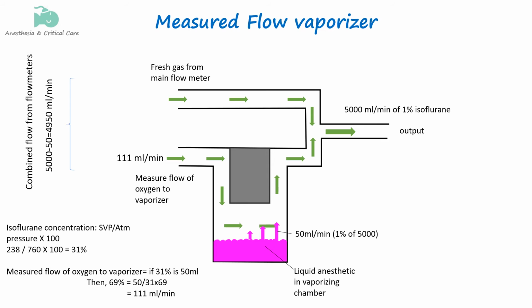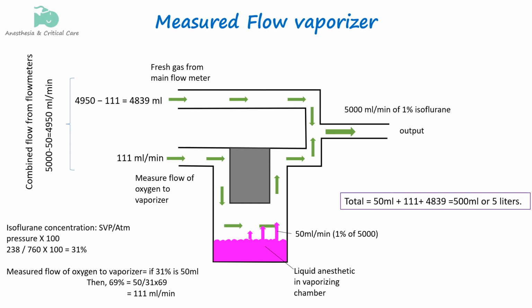The rest, 69% of this, or 111 milliliters per minute, is the measured flow of carrier gas or oxygen that must flow to the vaporizing chamber. This flow must be deducted from the total flow of 4,950 milliliters so that the main flow meter delivers 4,839 milliliters per minute.